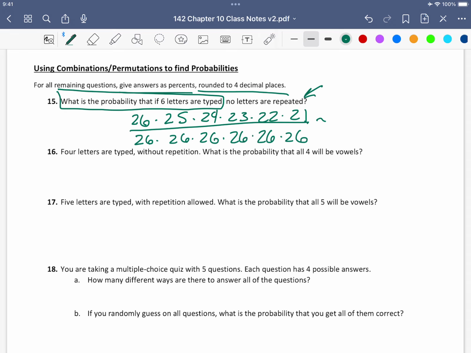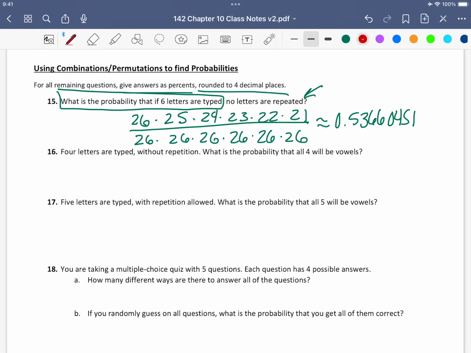So this would be approximately 0.5366045 and so on. We want to round to 4 decimal places here, so let me put one more digit; I know the next digit is a 1.